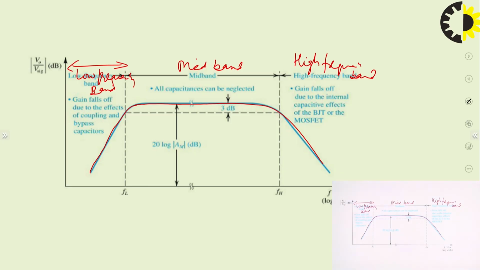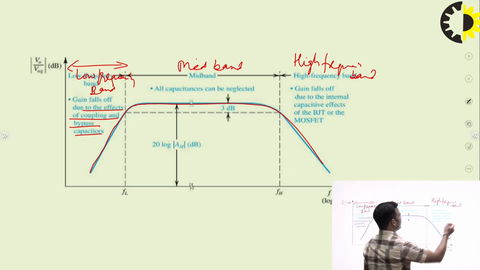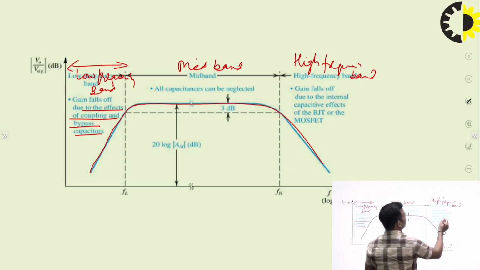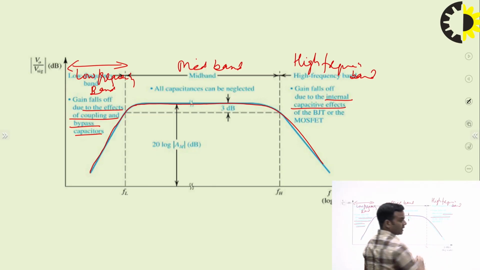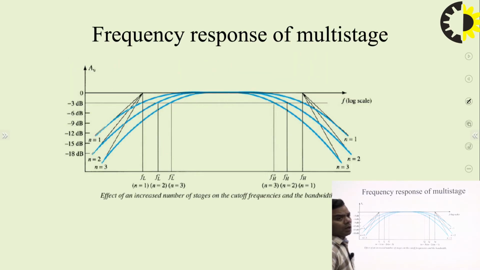At lower frequencies, the gain decreases because of the coupling capacitor and bypass capacitor effects, which are effective at low frequencies. And at high frequencies, gain falls due to internal capacitive effects, that means CGS and CGD are responsible for the fall in gain.